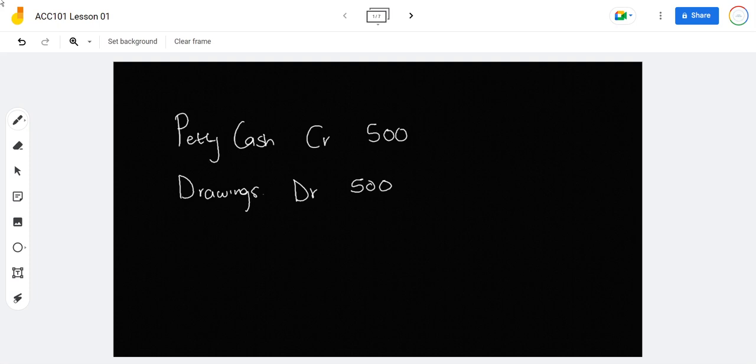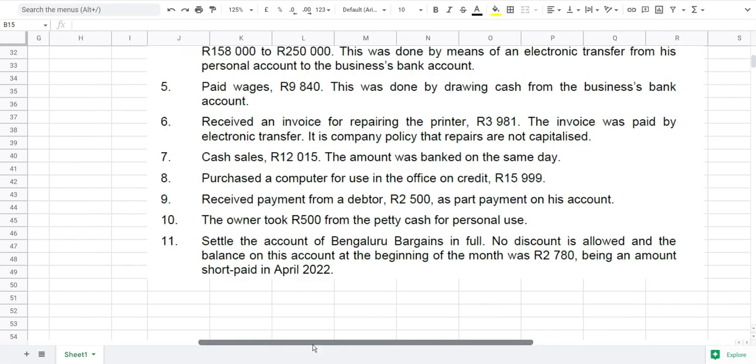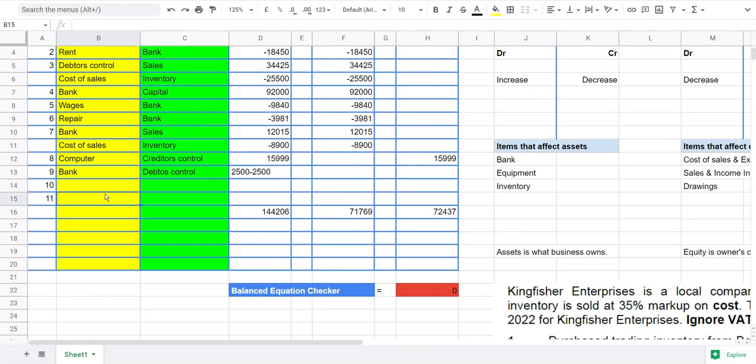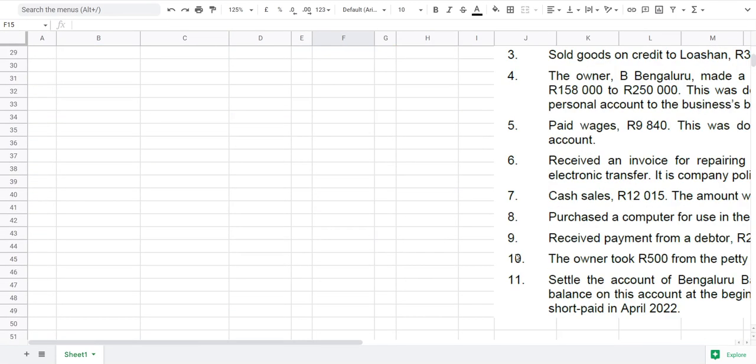All right, so we're going to have to record there drawings, and then petty cash. So I'm going to say minus 500, minus 500. So you can see there our balanced equation checker is still 0.